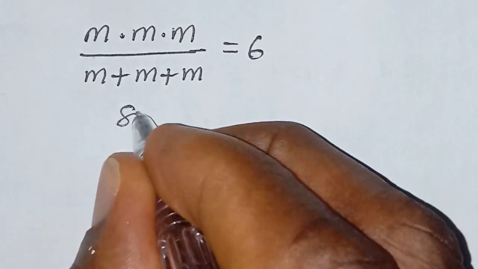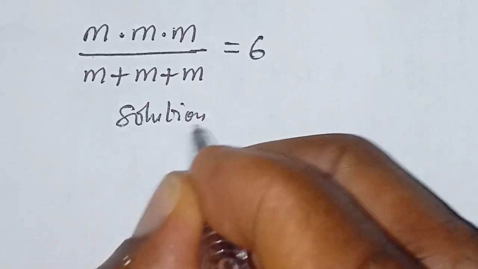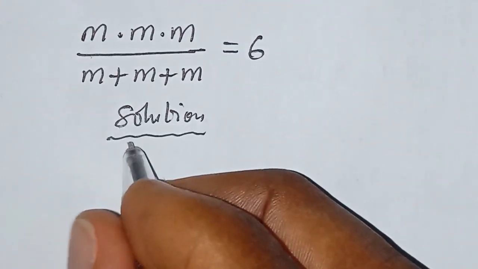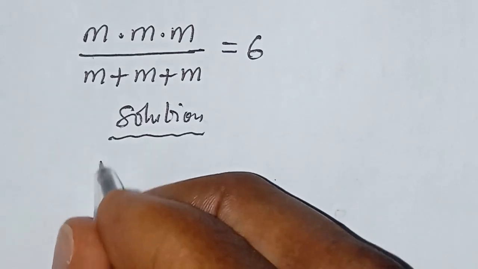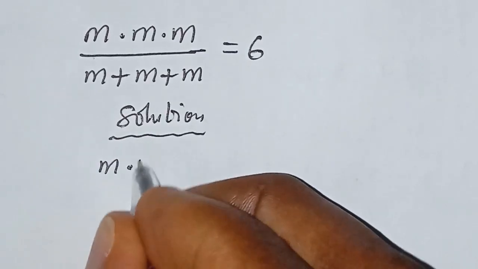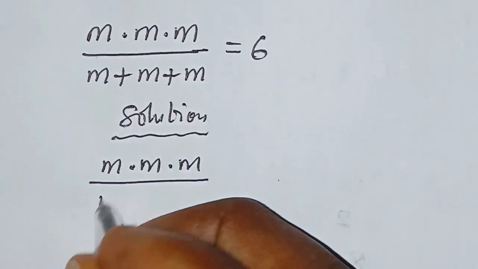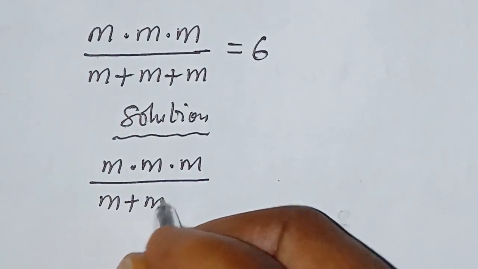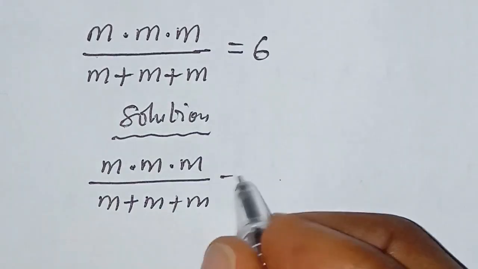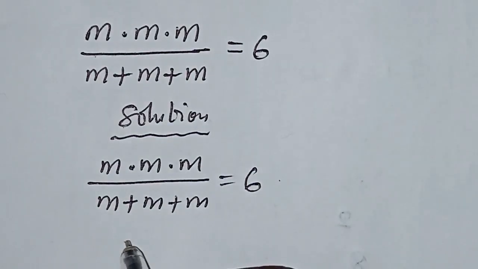Solution. From our question, m multiplied by m multiplied by m all over m plus m plus m equal to 6.